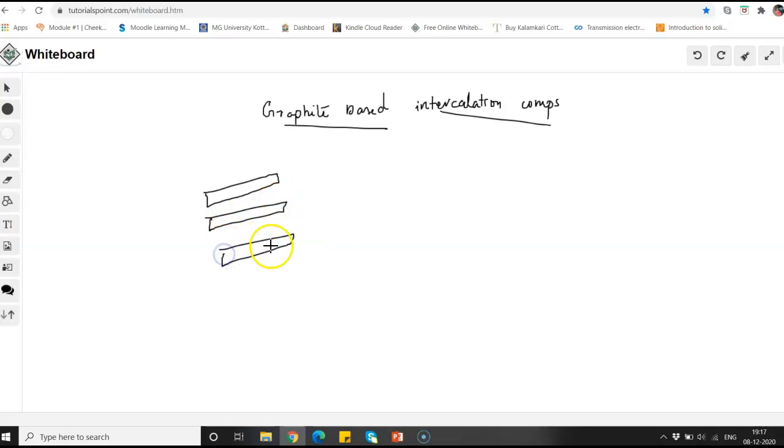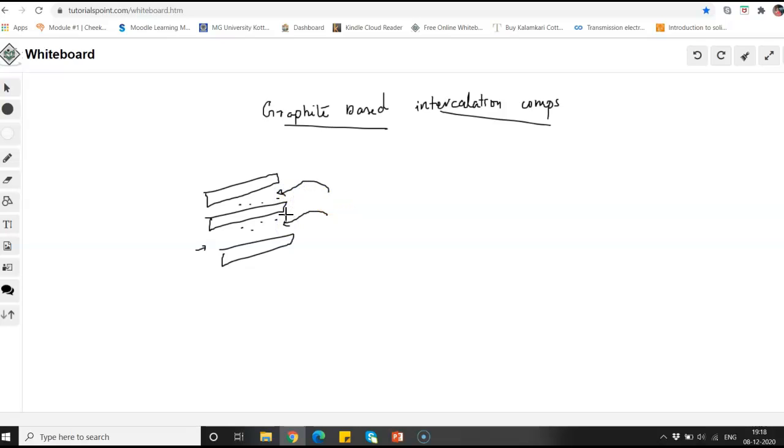Each layer will be conducting, and in between the layers there is no conducting capacity. The electron cloud is present above and below the plane, and in between each of the planes you have electrostatic or van der Waals interaction. So you can incorporate various species in between these layers.